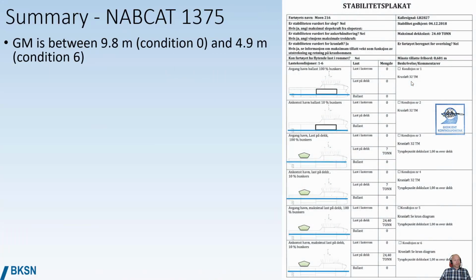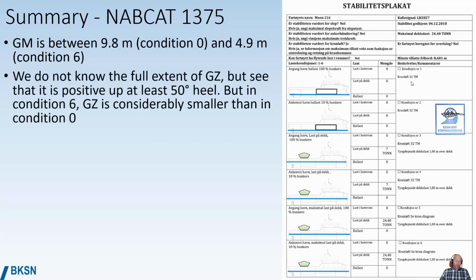So to summarize, the Nabcat GM is between 9.8 meters and 4.9 meters. We do not know the full extent of GZ, but we can see that it's positive up to at least 50 degrees of heel. In condition 6, though, the GZ is considerably smaller than in condition 0.